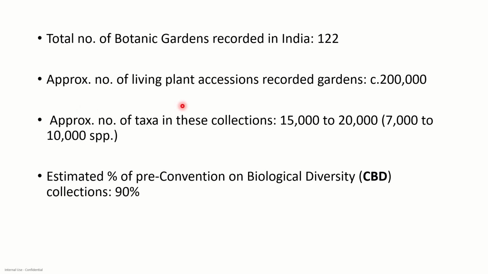The approximate number of living plant accessions recorded is, please note these numbers carefully, the approximate number of taxa in these collections is 15,000 to 20,000. The estimated percentage of pre-convention on biological diversity, that is CBD, collections is 90%.